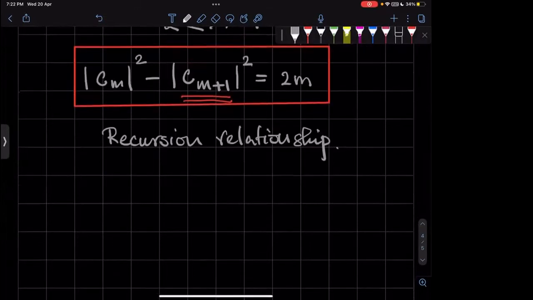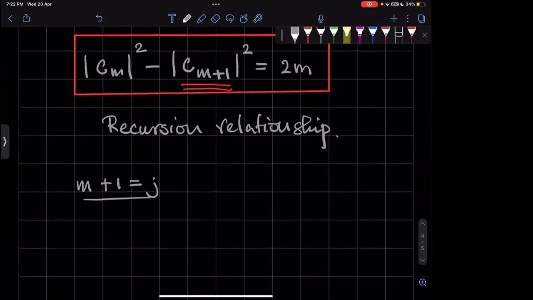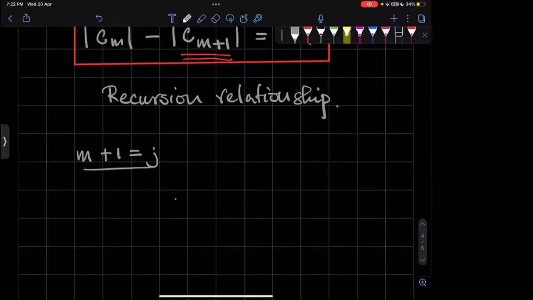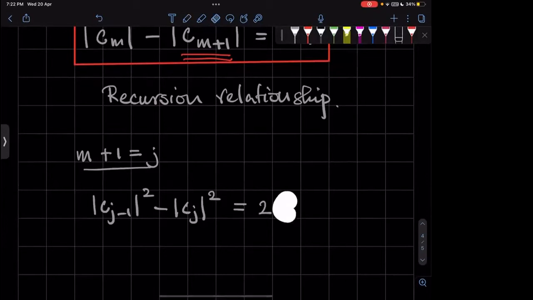So let's put m plus 1 equal to j. If you put m plus 1 equals j in this relationship, then we get mod cj squared minus mod cj minus 1 squared on the left. Sorry, I should write it from left to right. It's not really Arabic. And on the right hand side, I will get 2, and in place of m, I will put j minus 1.